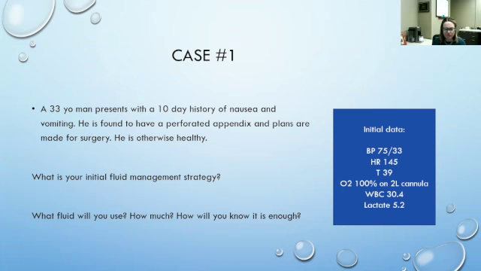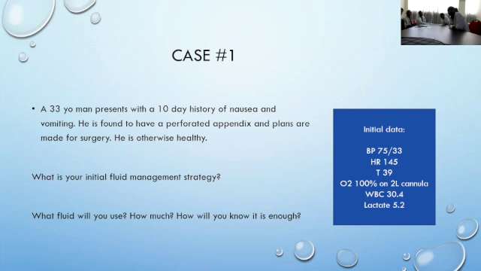For the type of fluid, with nausea and vomiting patients are usually predisposed to alkalosis, so it's better to use crystalloid, especially normal saline, and a fluid volume of 30 ml is appropriate. And we manage him accordingly if he's not responding to this volume resuscitation.